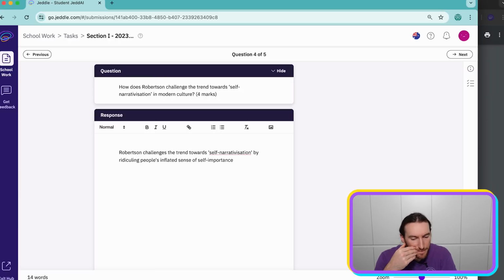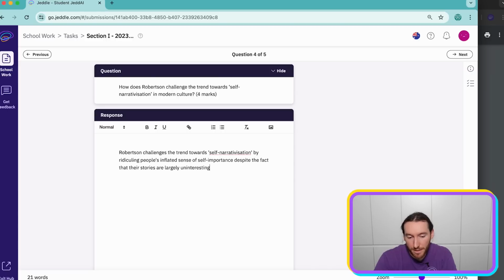Robertson challenges the trend towards self-narrativization by ridiculing people's inflated sense of self-importance despite the fact that their stories are not that interesting, right? Largely uninteresting. Just something like that.